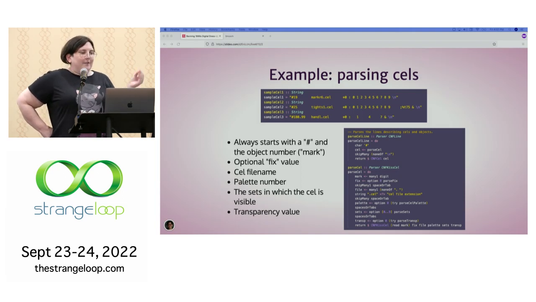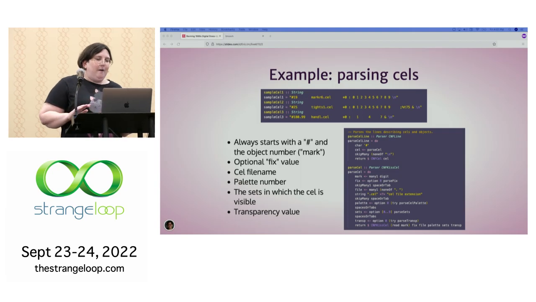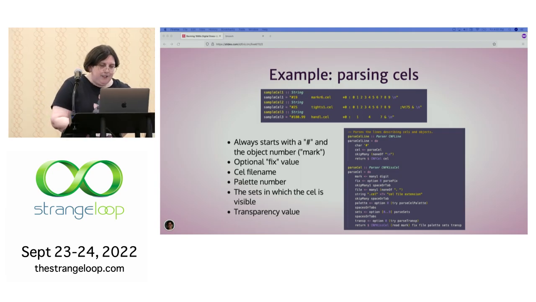So all the cell lines start with this pound symbol, so we know how we're going to parse the rest of it, which is neat. Again, I am going to share the slides, so if you want to look at this in detail, you can check those out later.